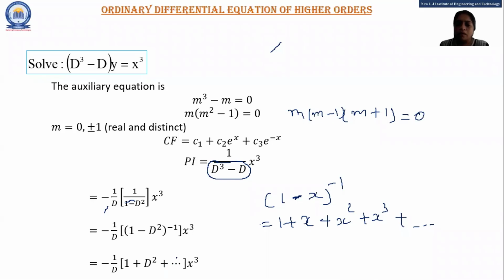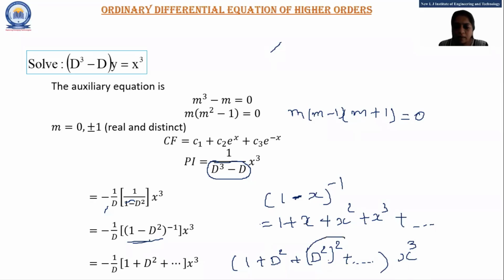But here, the simplification of this term is what? 1 plus D square plus D square raised to 2, and D square raised to 2 is D raised to 4. Outside the bracket, x has power 3, so we just want the maximum power of D as 3.